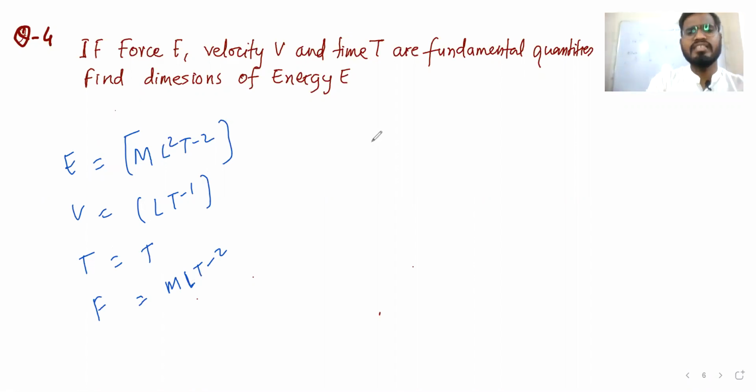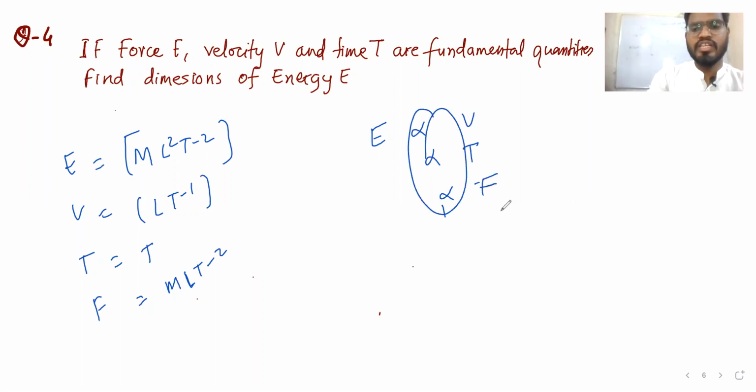That's it. So energy is directly depends upon what? Velocity, time, force, right? So to remove this, we'll introduce a constant k. K is, let's take 1.